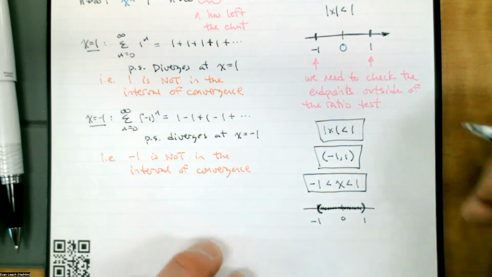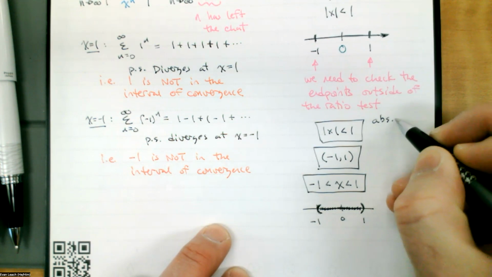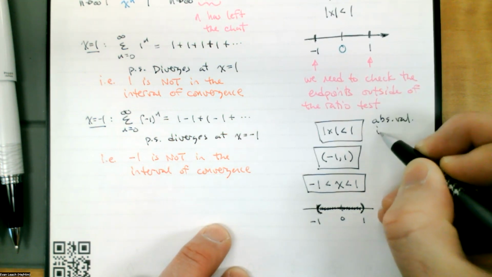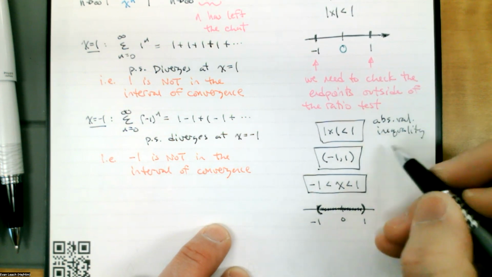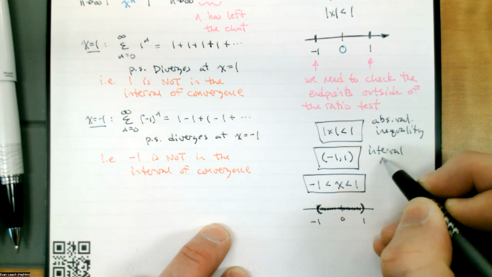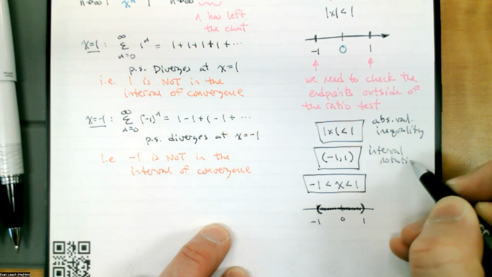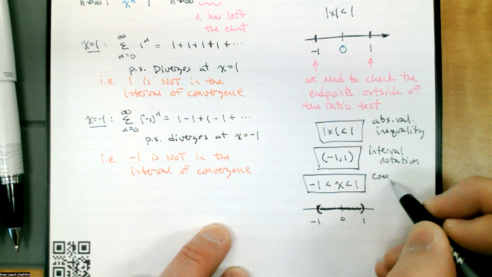So here we have an absolute value inequality. The second one is interval notation. This third one is just a compound inequality.